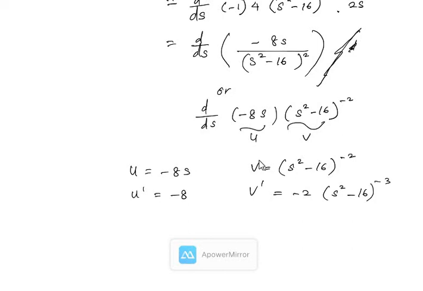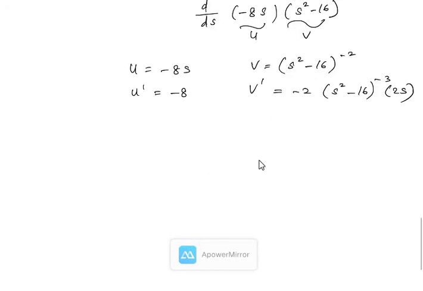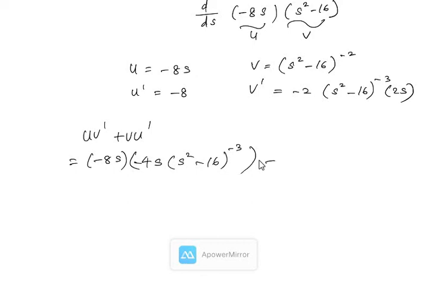Okay, and I differentiate s squared, I get 2s. So product rule, u v prime plus v u prime, I get negative 8s multiply with negative 4s, (s squared minus 16) to the power of negative 3, plus v, which is (s squared minus 16) to the power of negative 2, and then u prime is negative 8.